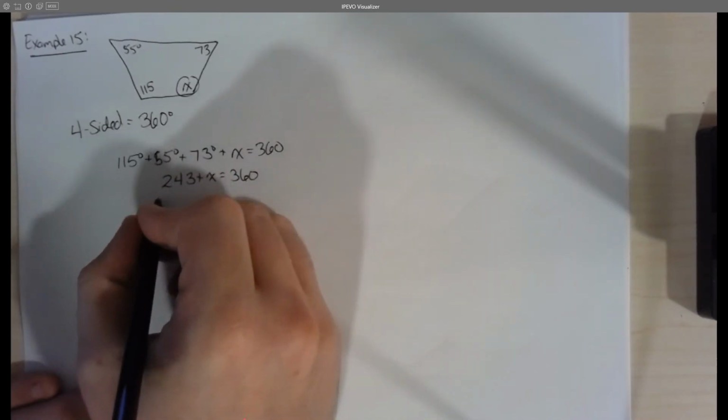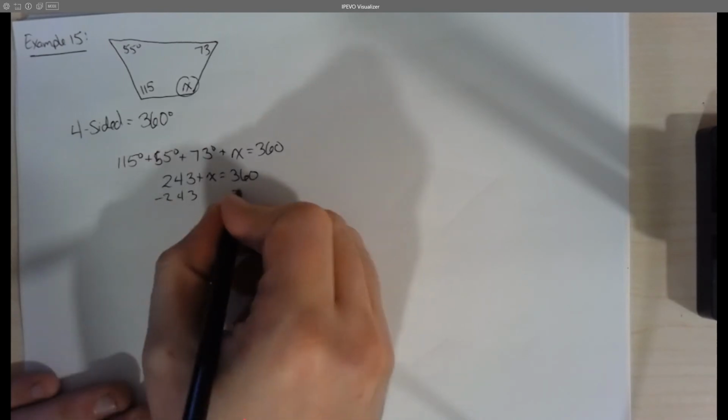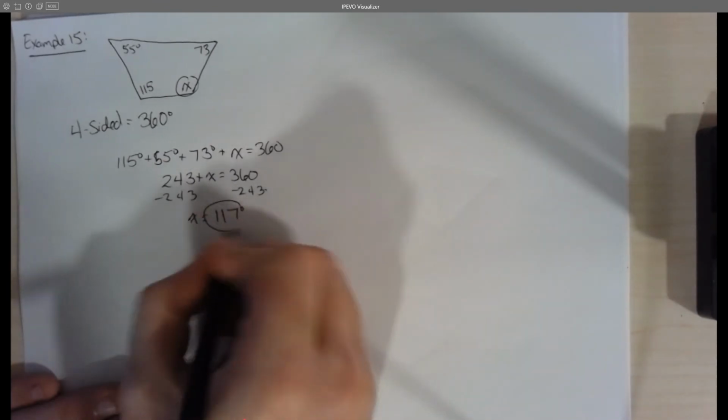Just minus 243 from both sides. To figure out what's left, 360 minus 243 means that my missing angle must be 117 degrees. So that's how we would step through and figure that out using the information that we are given about that four-sided shape.